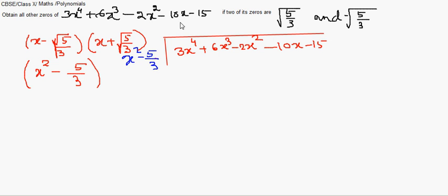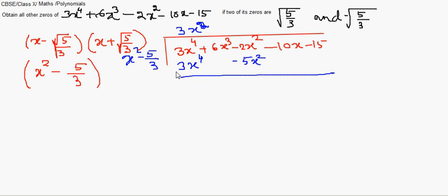Now it will give us 3x square, so that gives me 3x to the power 4, minus 3 getting cancelled, so it gives me, there will be nothing under x cube because that will give me an x square, so it is minus 5x square.